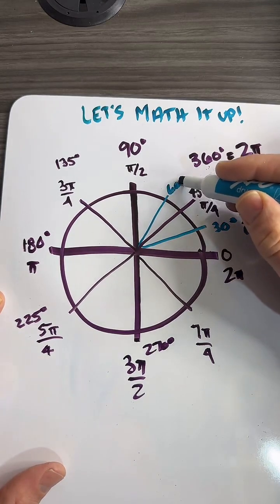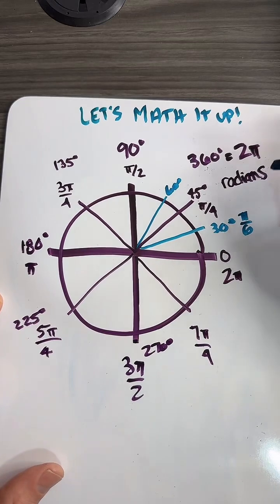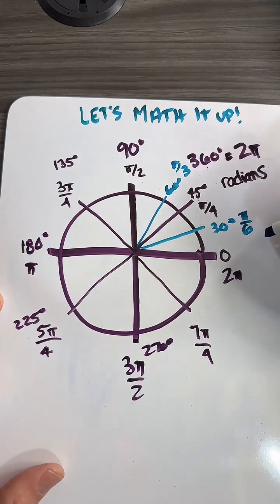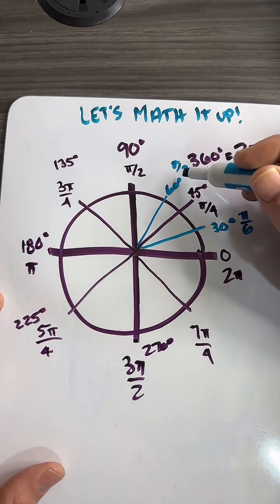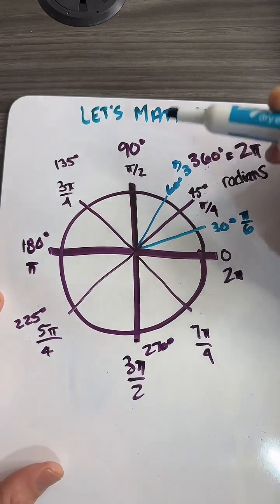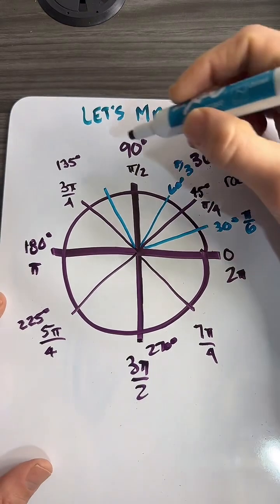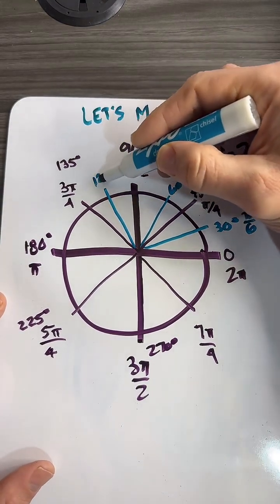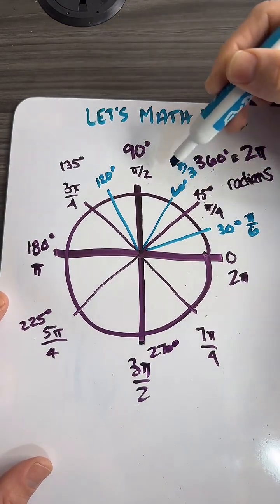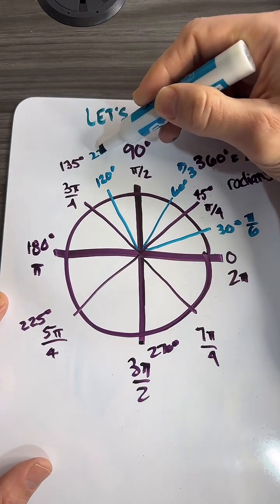60 degrees is going to be 2 pi over 6 radians, which is the same thing as pi over 3. So it's 1 pi over 6, 2 pi over 6, this ends up being 3 pi over 6, which is pi over 2. And then 120 degrees ends up being 1 pi over 6, 2 pi over 6, 3, 4 pi over 6, which is 2 pi over 3.